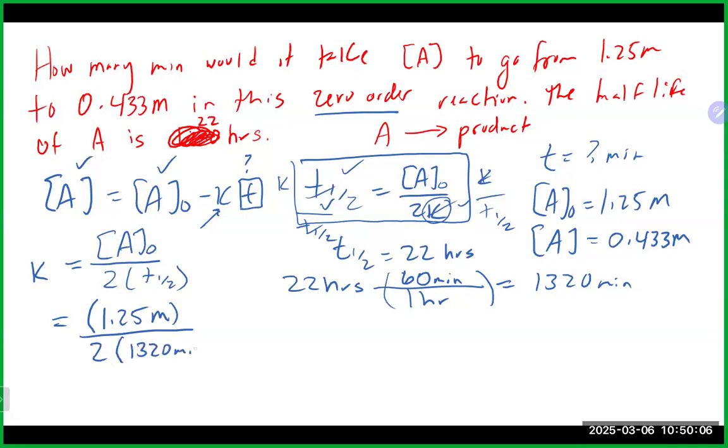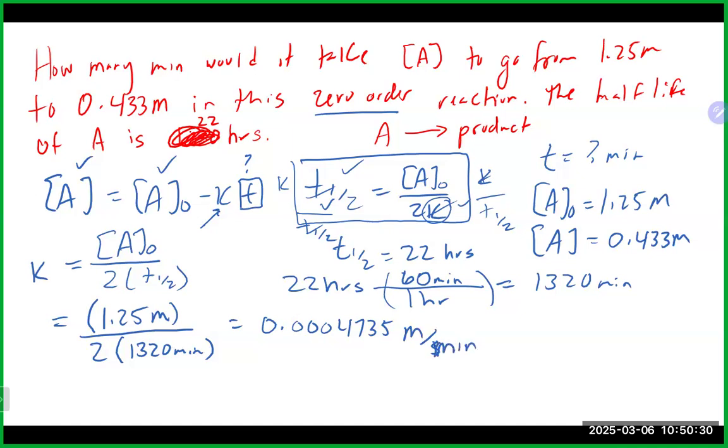So 1,320 minutes. So if I do all that there, we're going to get 1.25 divided by 2, equals, and divided by 1,320, and equals, going to get us 0.000473 units here. Obviously, it's going to be molar per minute in this case, not seconds.